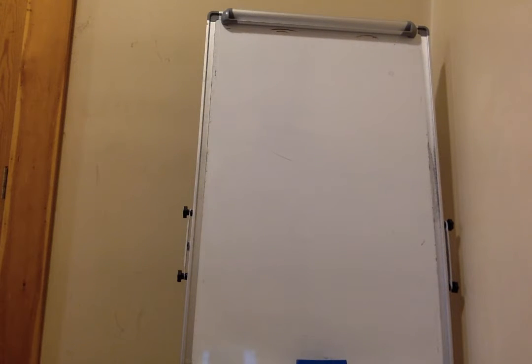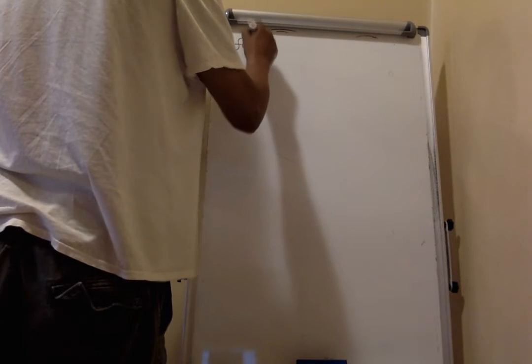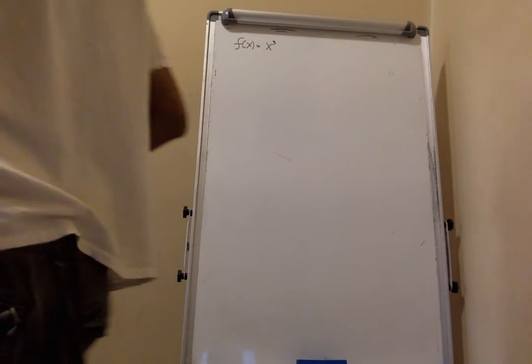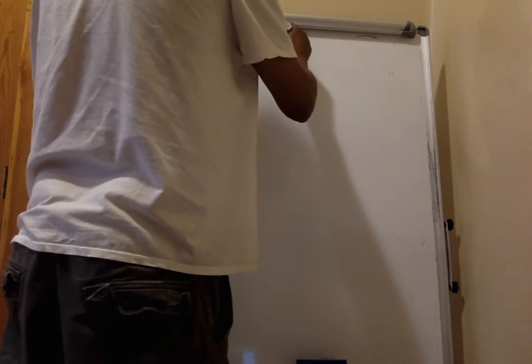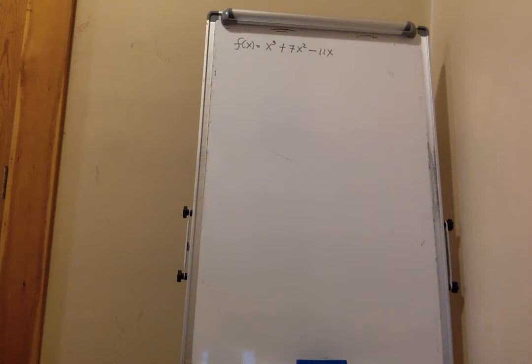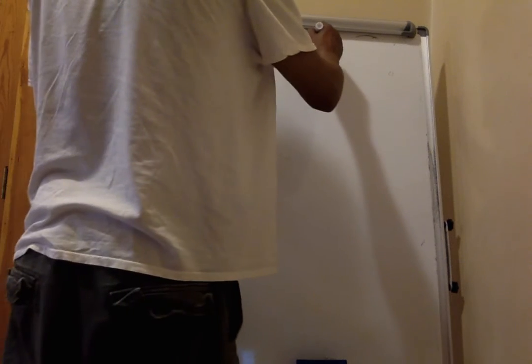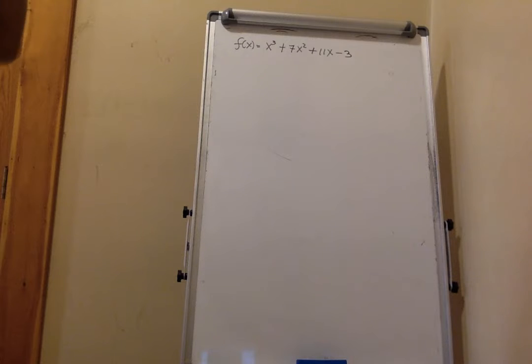So f of x is equal to x cubed plus 7x squared plus 11x minus 3. So we want to find the zeros of these.